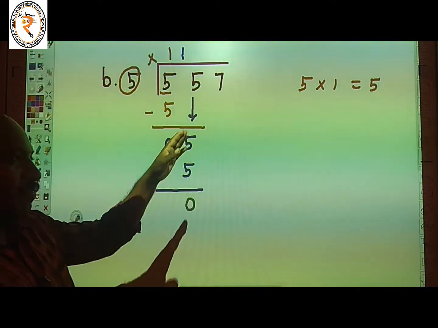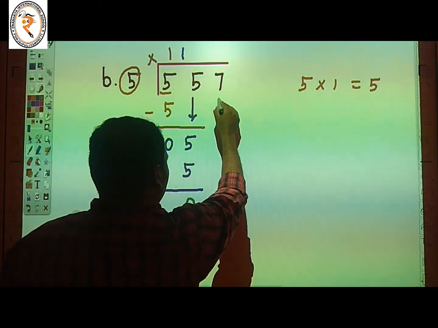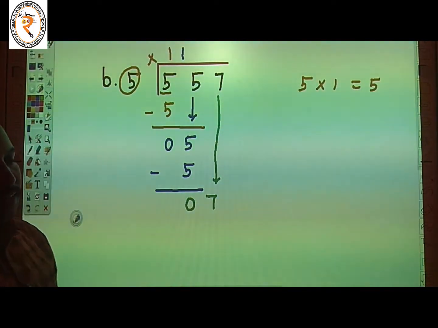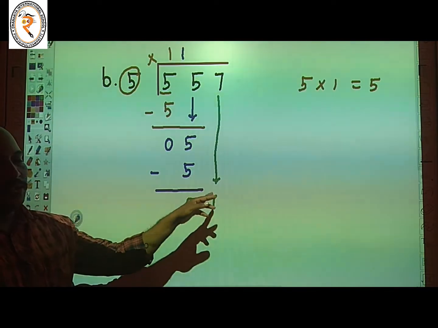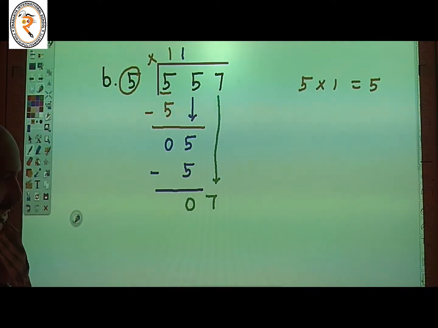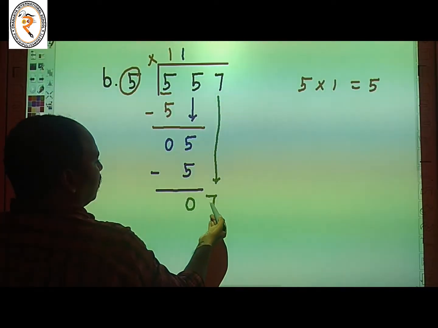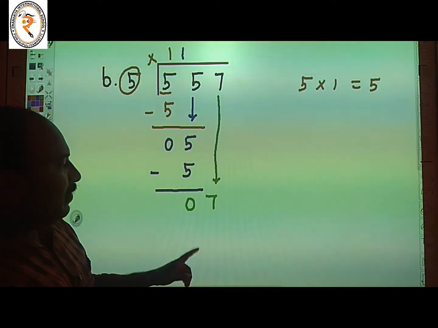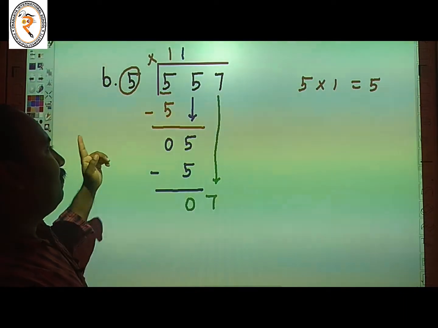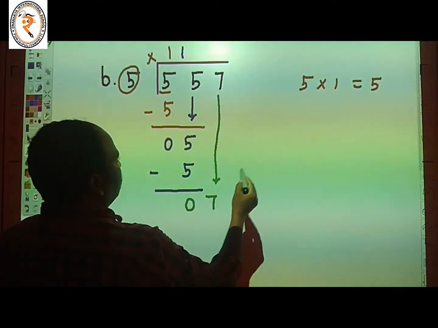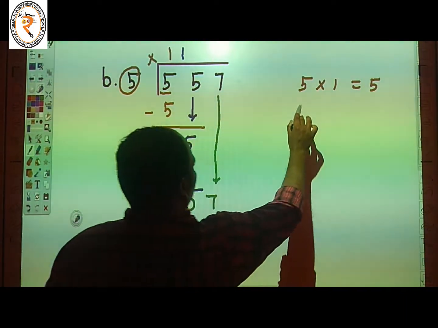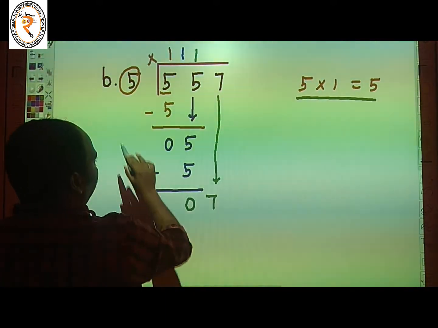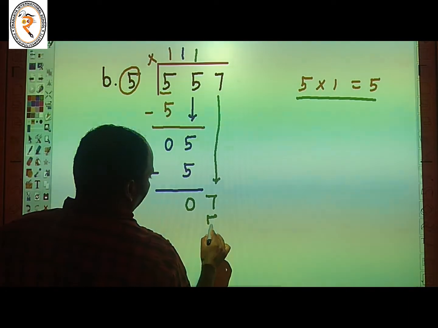Next we go to the ones place. Here the ones place has the value 7. So bring down the number 7, next to 0. The new dividend is 7. 7 is not exactly divisible by 5. So 1 time, 5 into 1 is equal to 5.